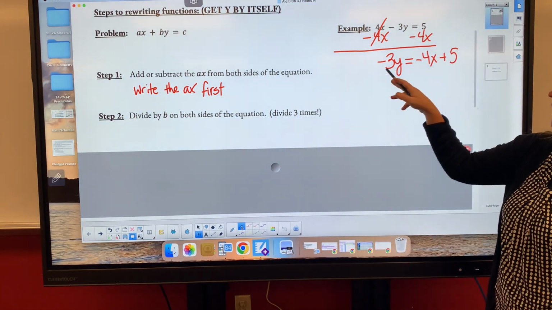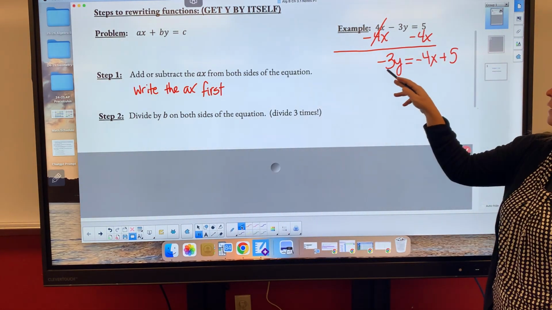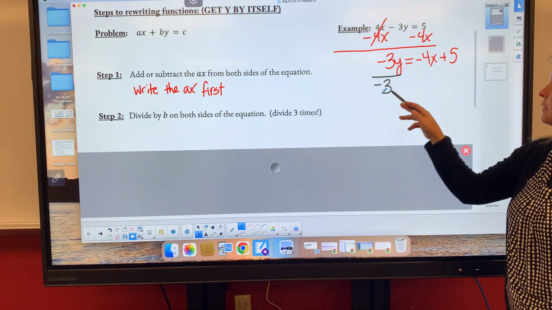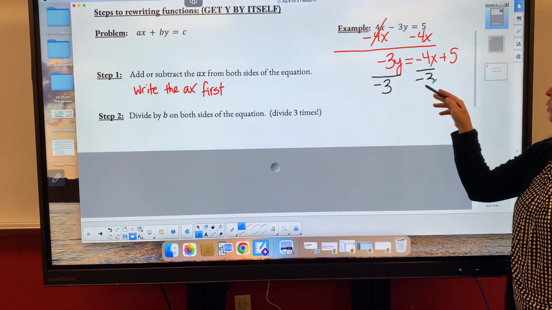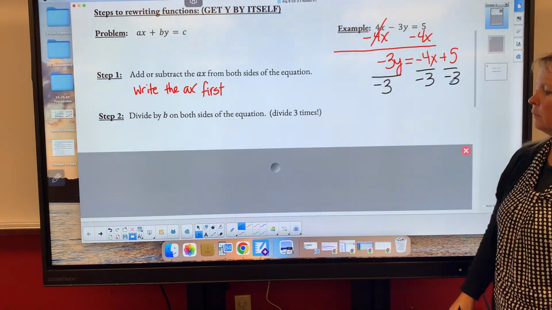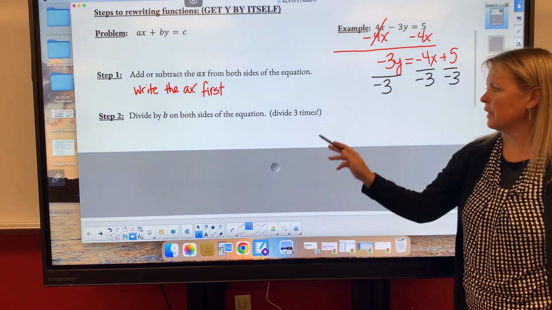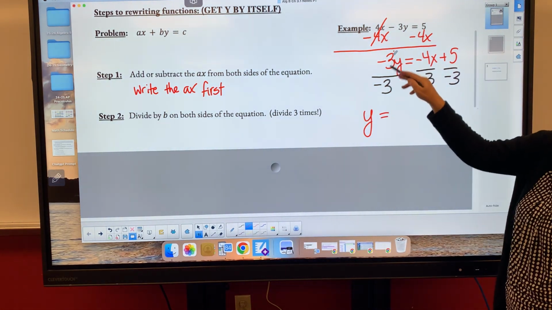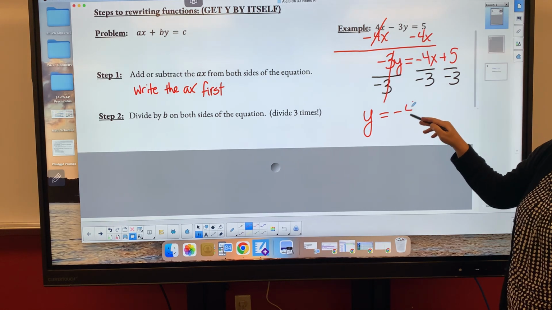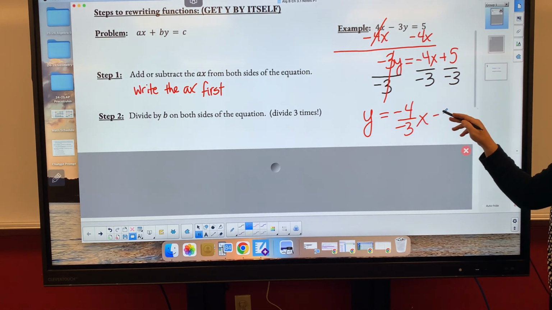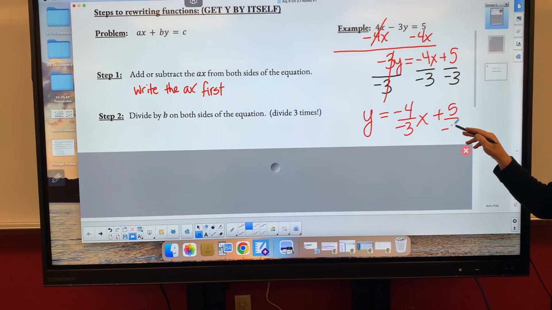Well, we've got a -3 in front of the y, so we're going to divide by -3 once, twice, 3 times. What happens after you do that? You get y equals, these are gone, you have a -4 over a -3x, and you have a +5 divided by a -3.